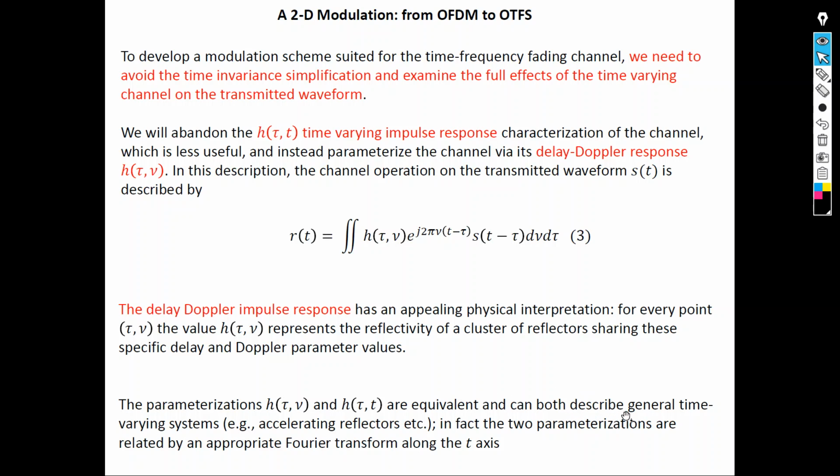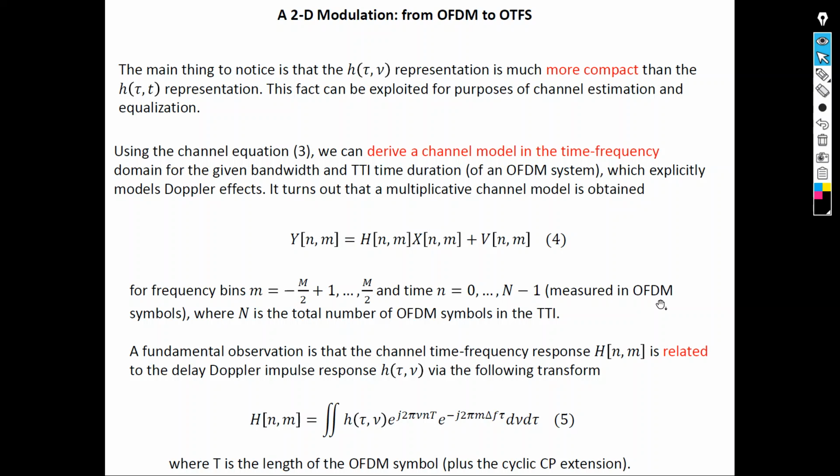Both of them describe general time varying systems. In fact, the two parameterizations are related by an appropriate Fourier transform along the t-axis. This is the thing you need to know about this definition of the channel.